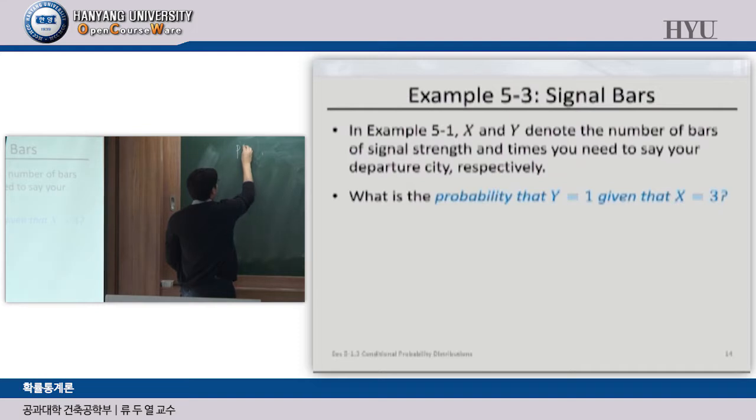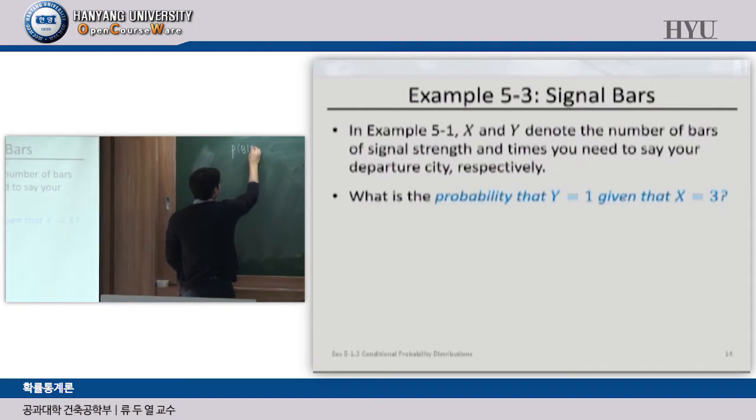The conditional probability of B given A is equal to the probability of A intersection B over the probability of A, right?